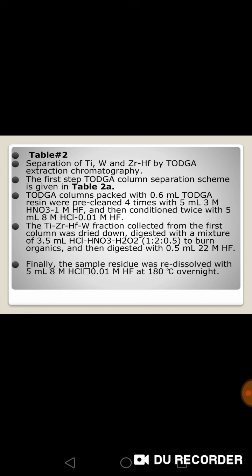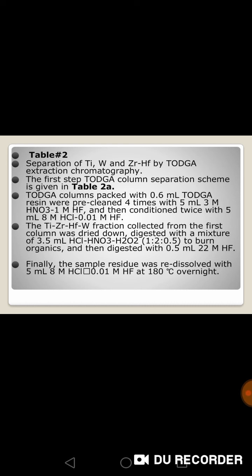After that, the titanium, zirconium, hafnium, and tungsten fractions will be collected from the first column, dried down, and digested with 3.5 ml of a mixture of HCl, HNO3, and H2O2 in a ratio of 1 to 1 to 0.5.